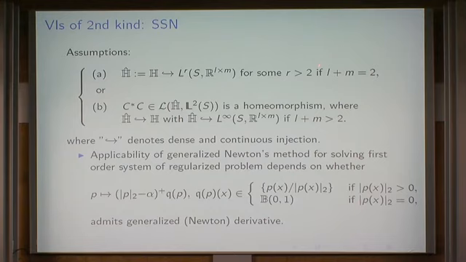Remember, we have this operator B with images at every point in R^l cross M, and if l plus m are 2, then this is one assumption. Or we are in a situation that C star C as a mapping from H hat to L2 is a homeomorphism, and H hat embeds into H, with H hat also embedded into L infinity. This can be weakened as it turns out, but I think the discussion would be complicated.